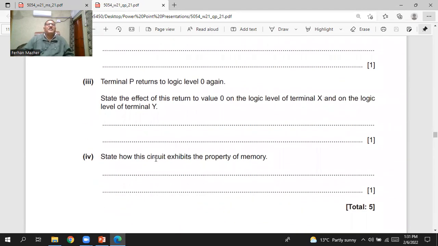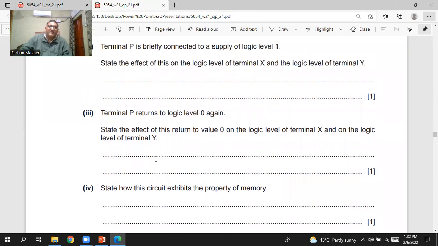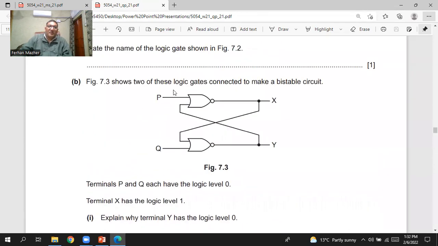Then he says the terminal P returns to the logic level 0. Again, state the effect of this return of the value 0 on the logic level of the terminal X and on the logic level of the terminal Y. Now, you see, P, you made it from 1 again to 0.